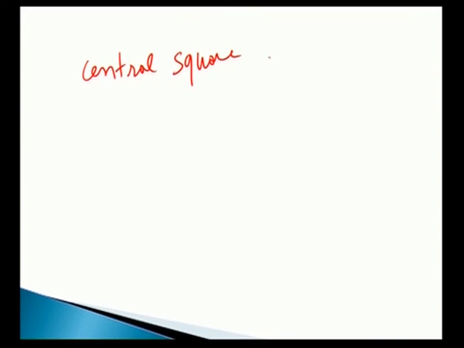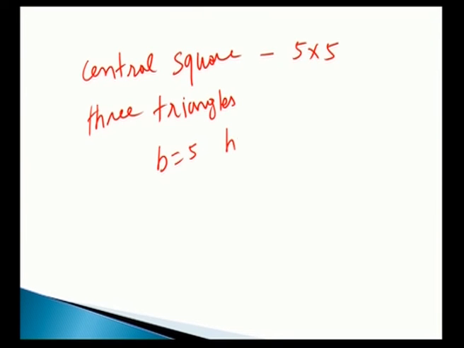The figure consists of a central square, that central square shape is 5 into 5, then 3 triangles, one on top with base is equal to 5 and h is equal to 3. The first triangle has base B is equal to 5, H is equal to 3, and one on the bottom.